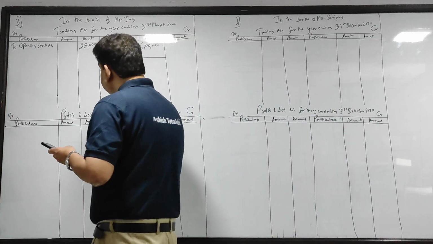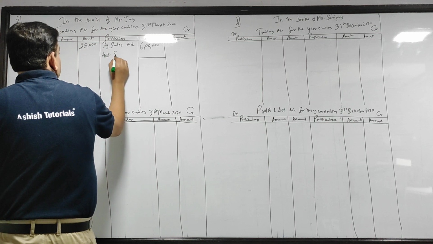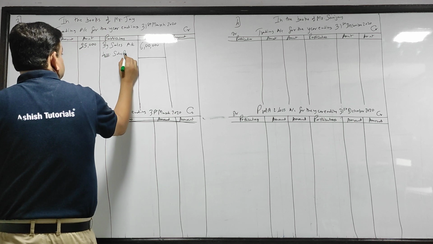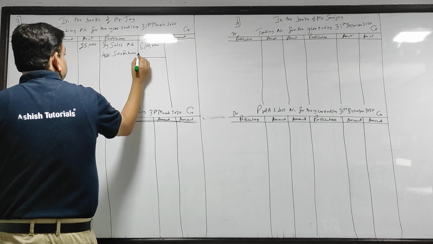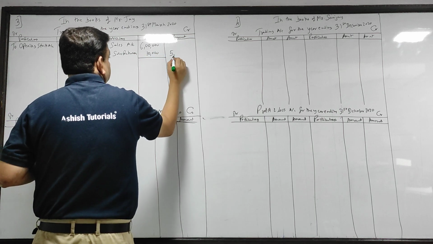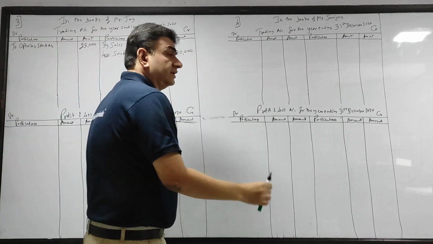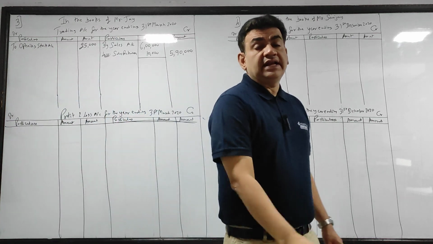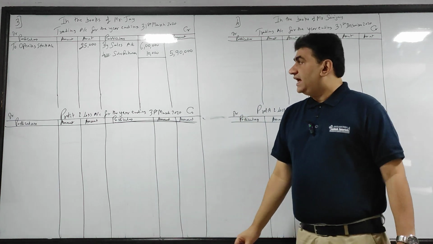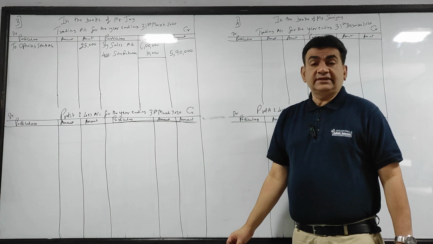So come to sales and sales return को इसमें से माइनस करो. Right there. Less sales return 10,000. So 6 lakh minus 10 gives you 590. 6 lakhs minus 10 gives you 5,90,000.